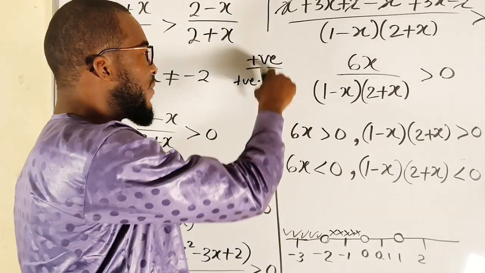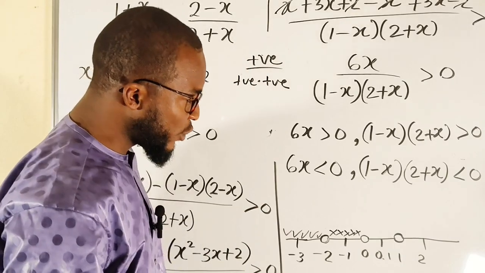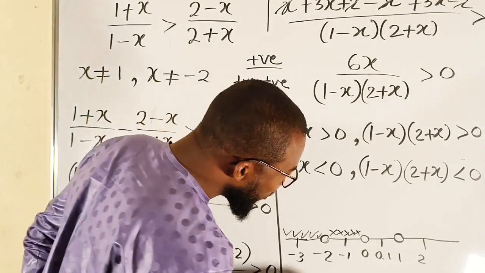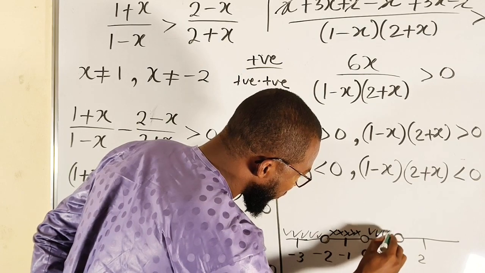Positive times positive is positive. Positive divided by positive is positive, so it will satisfy. Between 0 down to 1, we have a solution.